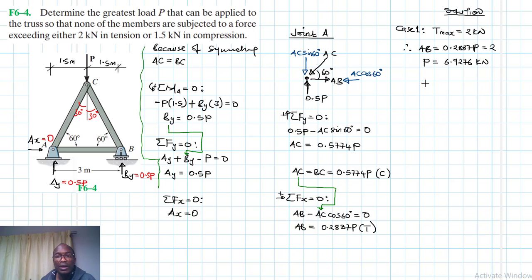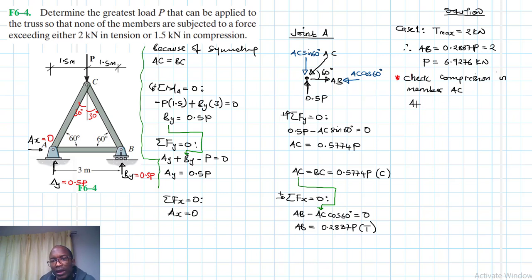We need to check the compression in the other members. Check compression in members AC, because we know AC is equal to BC.